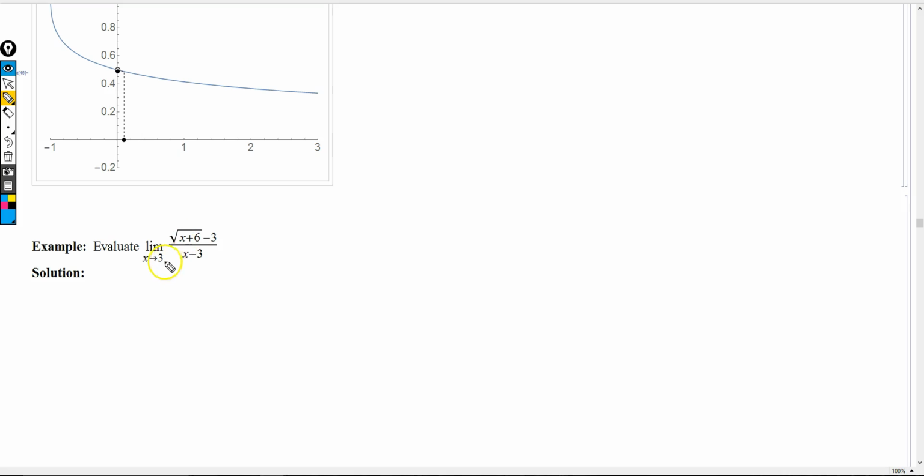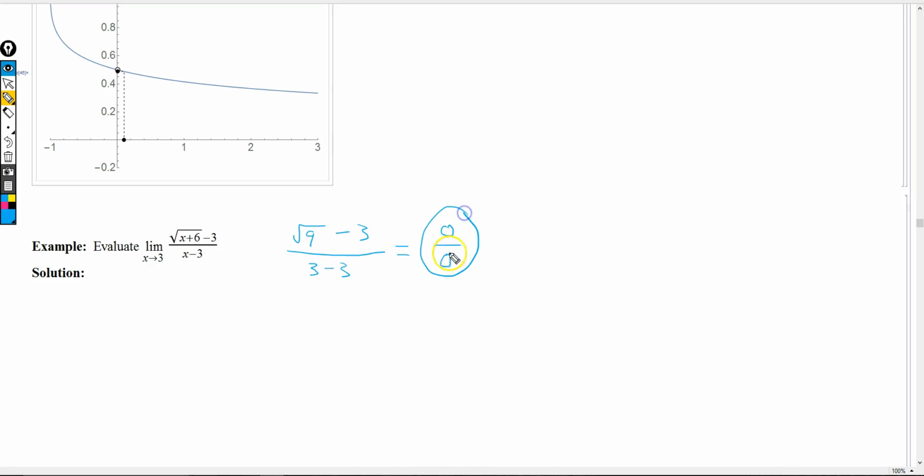If we put 3 in for the x, what we get here is the square root of 9 minus 3, divided by, of course, 3 minus 3, and yep, we're getting 0 over 0.